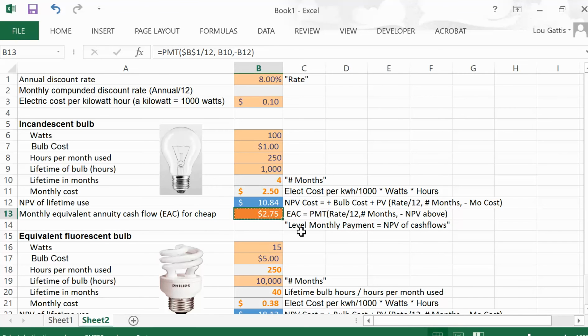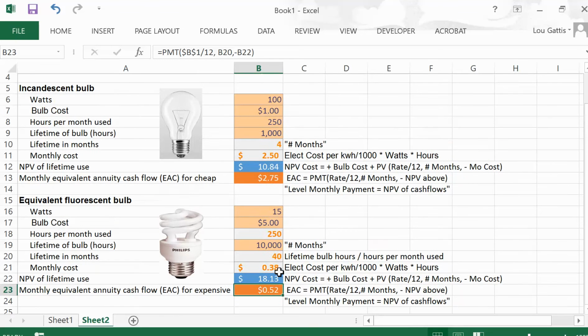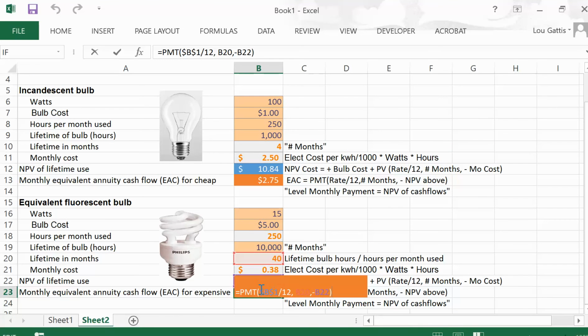Now I can repeat this for this bulb. What would be the monthly payment incorporating the time value of money for operating this bulb? So what we see now is this bulb looks like it's 5 times cheaper. So even though this has a present value that's lower, this is spread over 4 months.